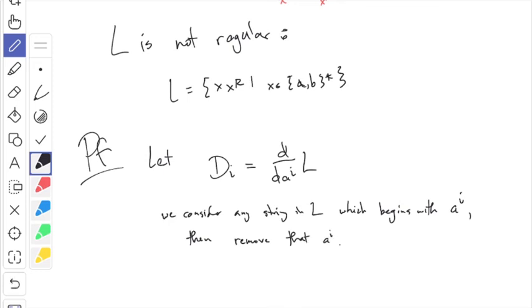And what about all the other strings which don't begin with A to the I? Well, we just don't care about them at all, right? We only consider the ones which do begin with A to the I, and from those, we remove A to the I from the beginning of them, all right? And then we consider what remains, what's left over in such strings after we remove A to the I from them.